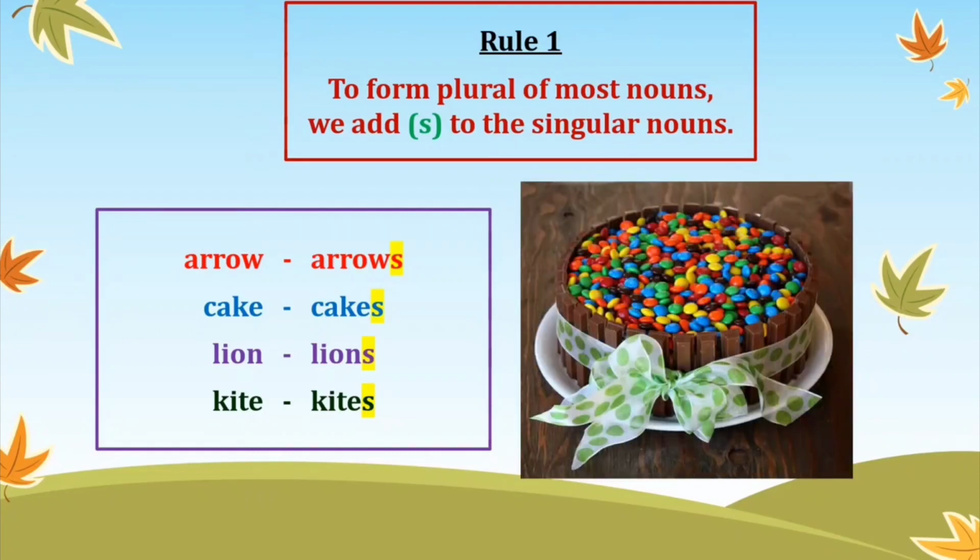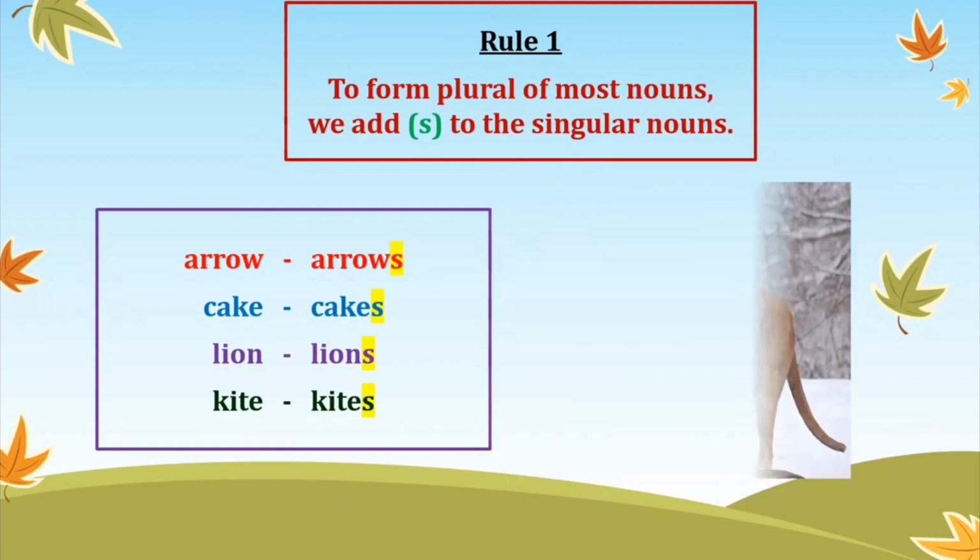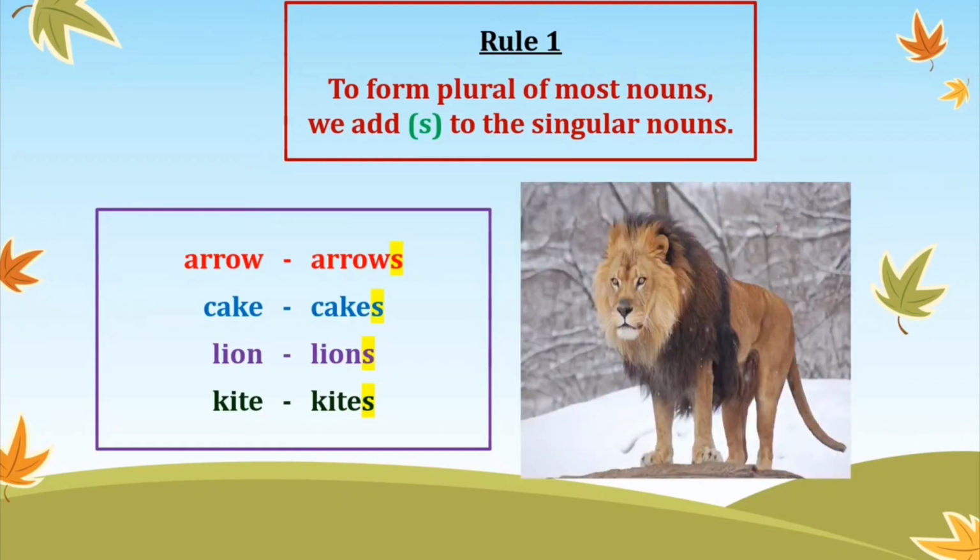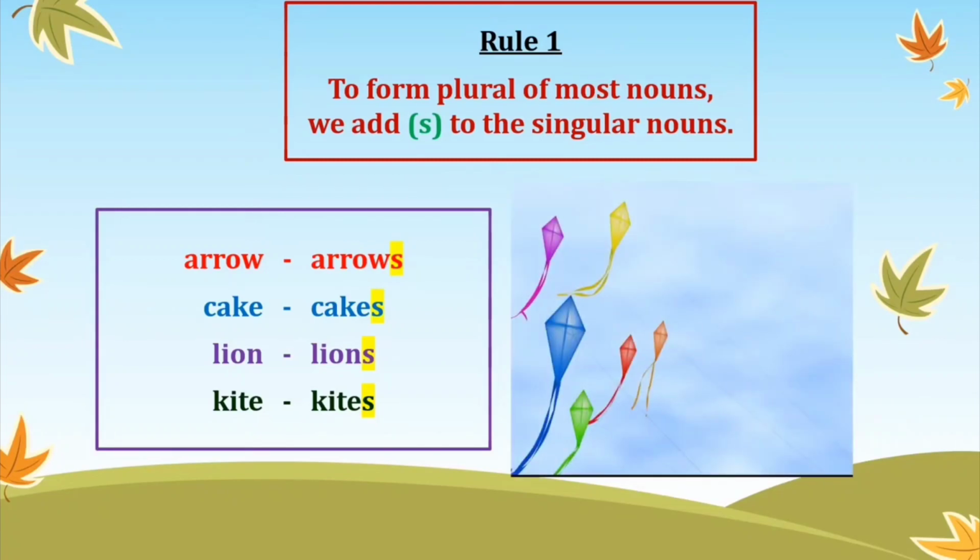Similarly, one cake is a cake and many are cakes. One lion is a lion and many together are called lions. One kite is a kite and many are known as kites. So very simple. You just have to add one s at the end and your singular noun will become plural.